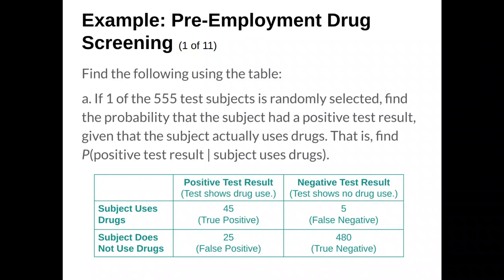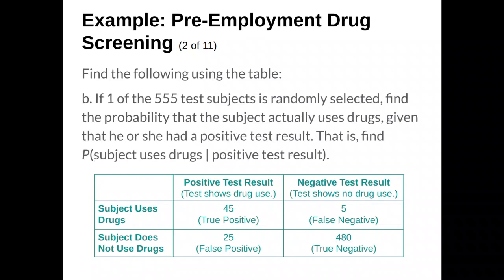And there's something called a false positive and also a false negative. Those simply refer to somebody who tests positive but actually doesn't use drugs, or somebody who tests negative but actually does use drugs. Those are issues with tests that have to be minimized when the test is being created, but that's not this class. That's something totally different. So that was part A. Part B is still just one person, but we want to find the probability that the subject uses drugs given they had a positive test result.